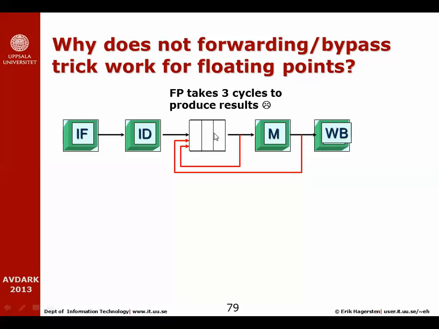And of course, there is no way we can do forwarding or bypassing between these pipeline stages. If you have only produced a third of the result of the floating point operation, there's no way you can feed that information back to the next floating point instruction and expect it to make any sense. That is why we see these kinds of restrictions on this architecture.